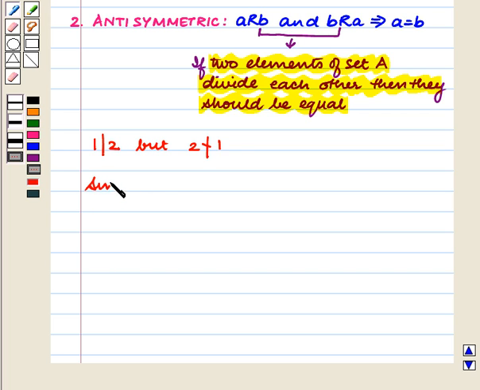Similarly, 2 divides 6, but 6 does not divide 2. On comparing all the elements, we see that two numbers a and b in set A which divide each other are the same number itself.